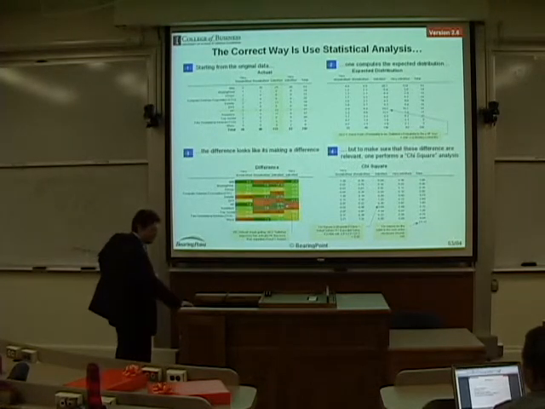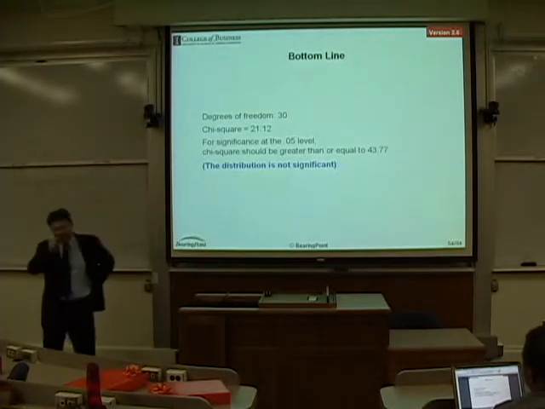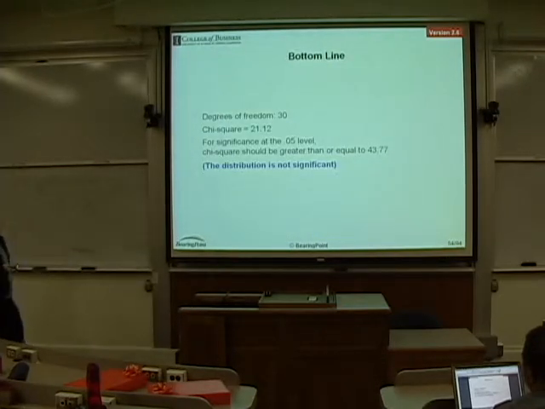And this is the outcome of the computer program that I use, and it says, hey, you have 30 degrees of freedom, which is the number of vendors multiplied by the number of opinions, each of them minus 1, this chi-square at 21.2, at 95% confidence, for this to be relevant, I should have found a number that's 43.37.